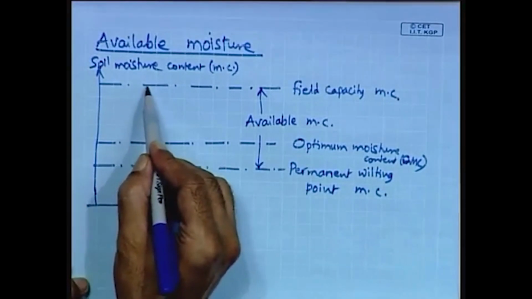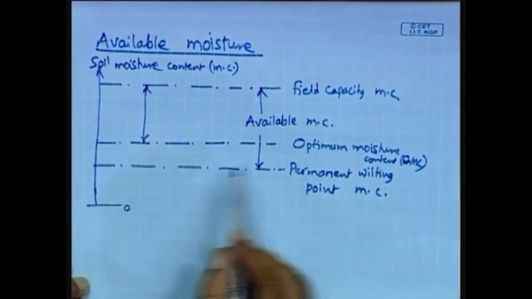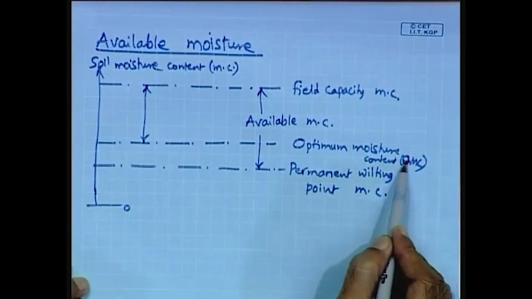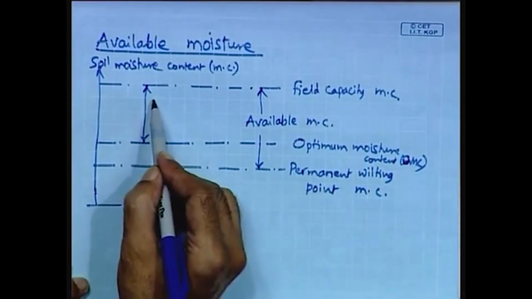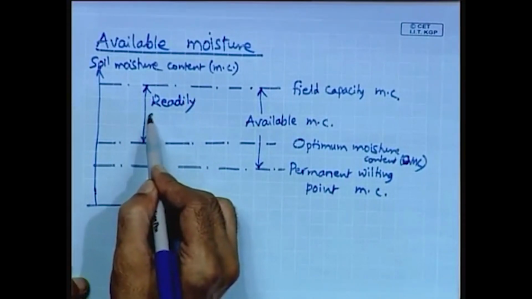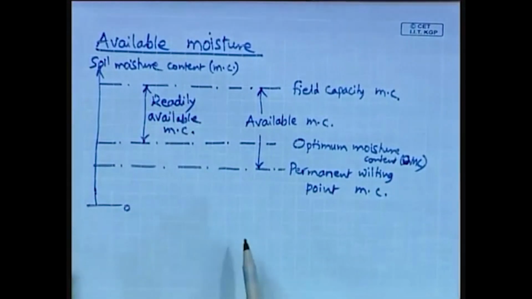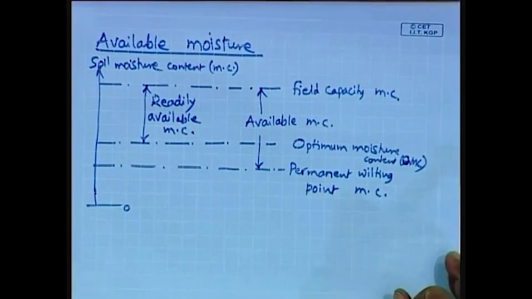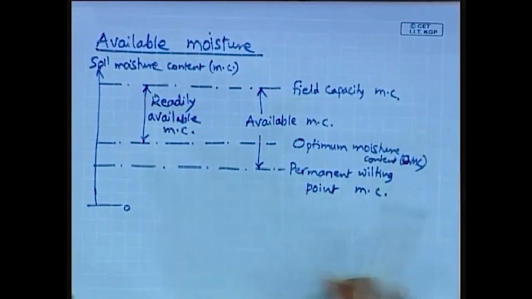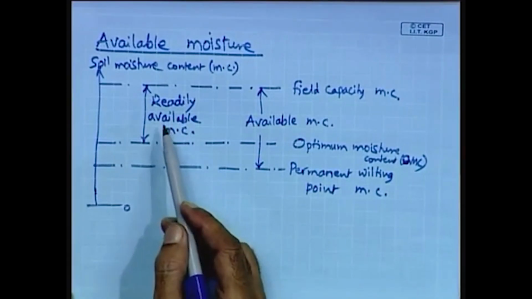And similarly, the difference between the field capacity and the optimum moisture content, which is slightly higher than the permanent wilting point, is known as the readily available moisture content. So, essentially, all the irrigation depends upon this readily available moisture, which can be easily extracted by the plants through capillary action.